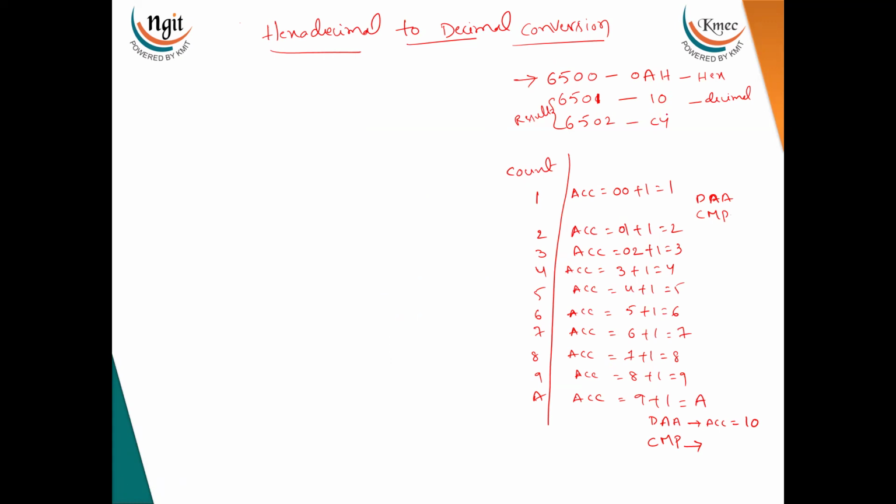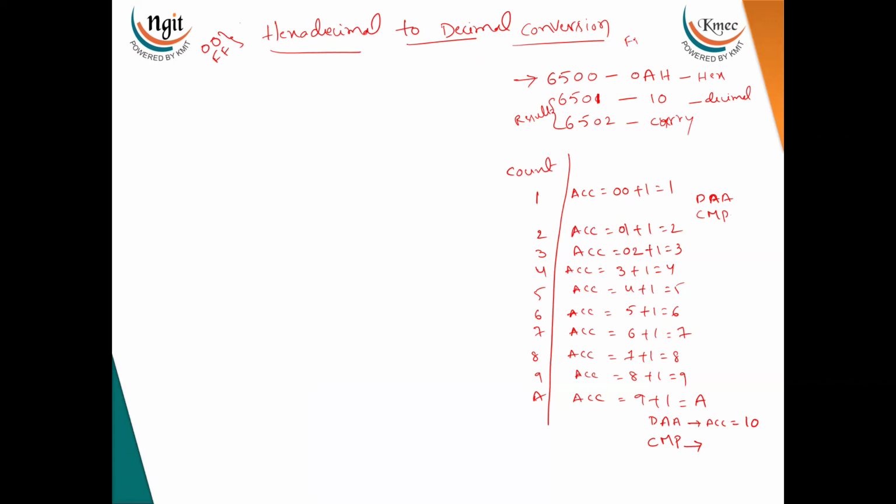Now we need to get the value, and this is nothing but the carry. This is an 8-bit microprocessor, so the minimum number is 00 and the maximum is FF. Now if we give a value here and try to convert it to decimal, there may be a generation of carry.